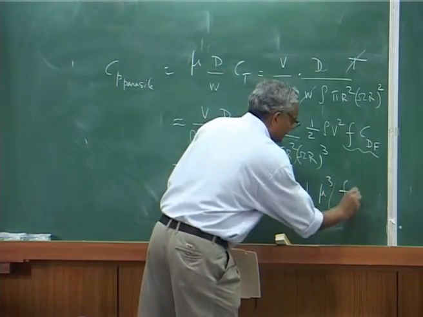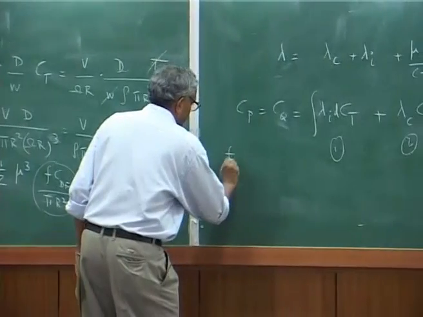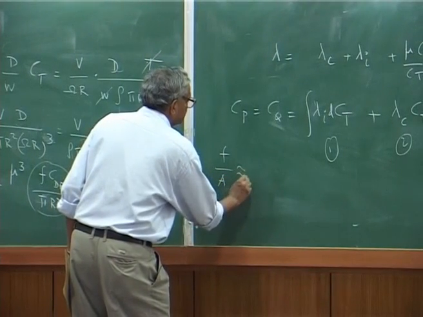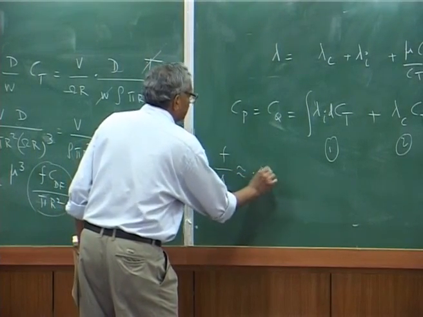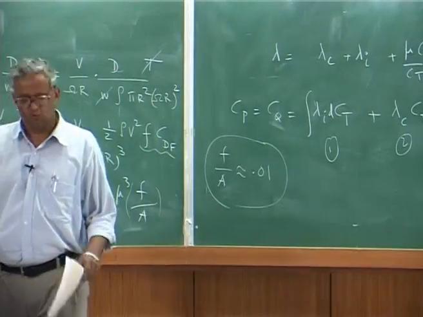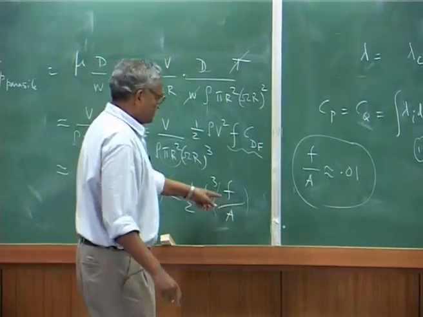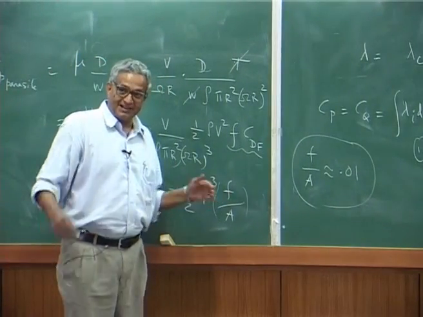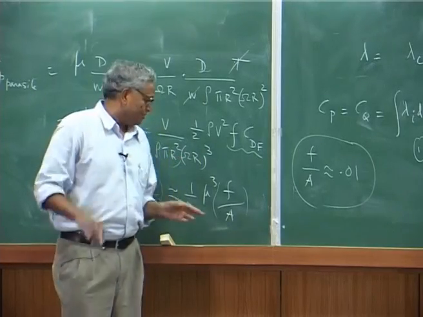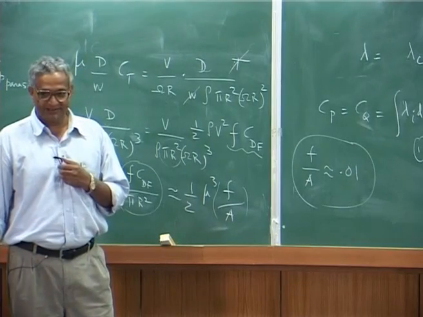Usually this factor F over A is of the order 0.01. It may be slightly more, 0.012, 0.013, something like that, F over A. That means this is the fuselage frontal area over the rotor disc area. Okay.